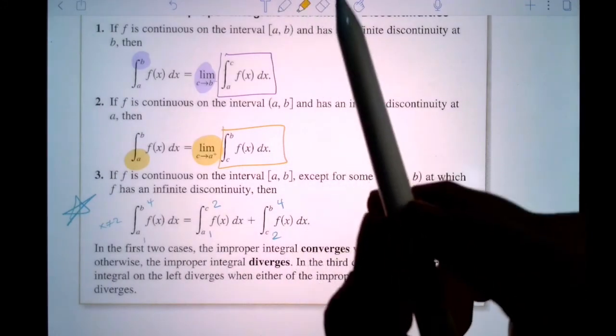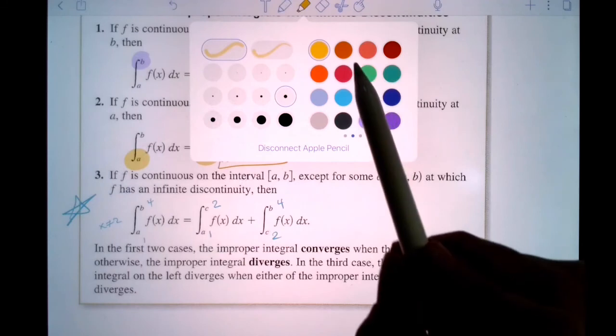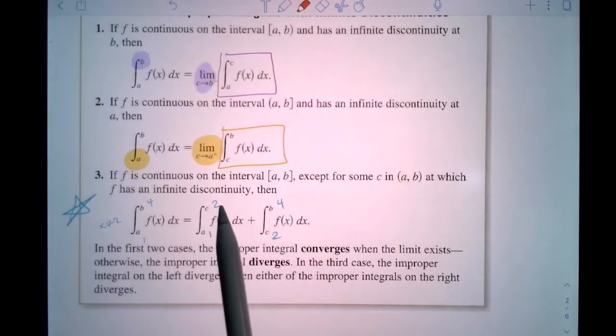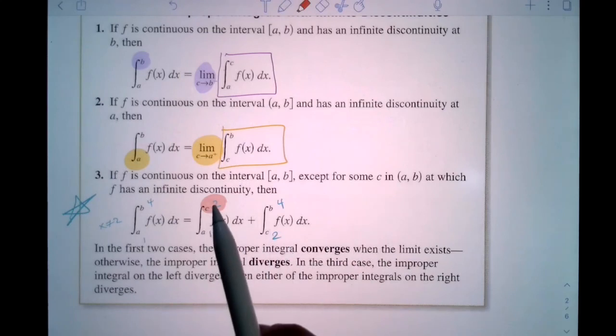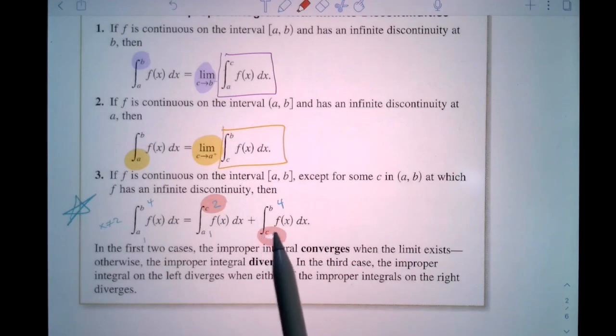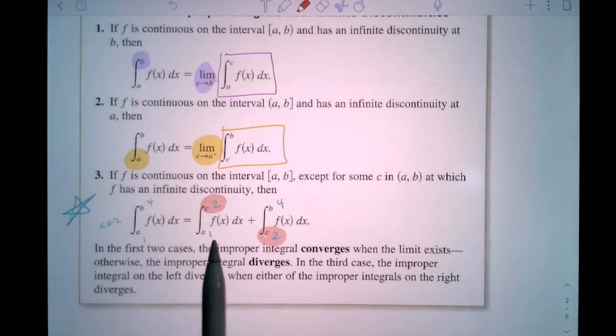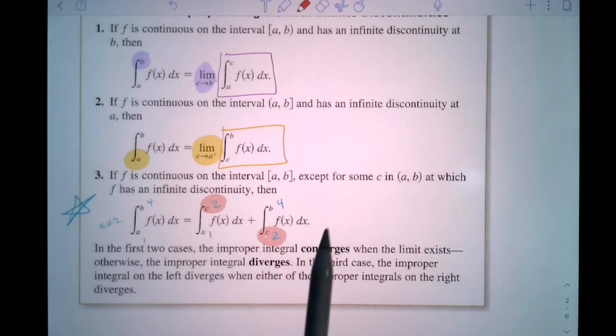In both of those cases, you would have to make sure that you're addressing the problem areas: you would have to address the discontinuity at 2 as the upper limit of integration, and you would have to address the discontinuity down there as the lower limit of integration. Okay. The same clause happens here that happens in the first box: if you have to handle two integrals and one of them falls apart, the whole thing is a train wreck. So if one of them diverges, then you would say the entire integral you are presented with diverges.